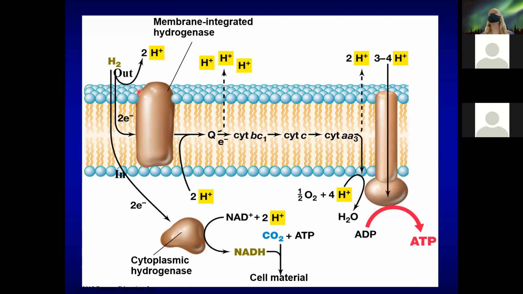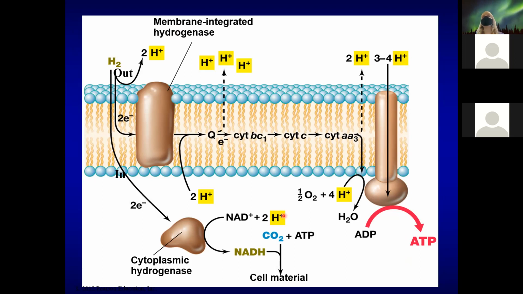So this should look vaguely familiar. We looked at this, at least this part, way back in week 1, about this idea that if you strip electrons off of hydrogen, you can feed it in. In this case, it's going into an electron transport chain, get this nice proton gradient established, protons diffuse back through the ATPase, and you get your ATP.